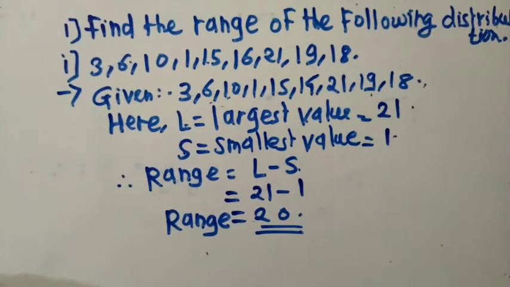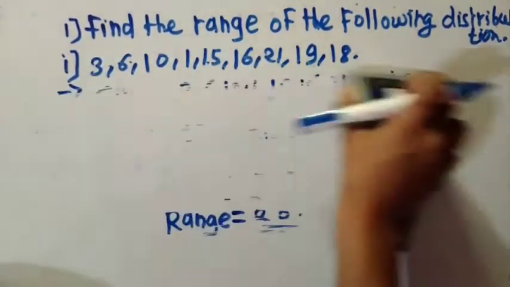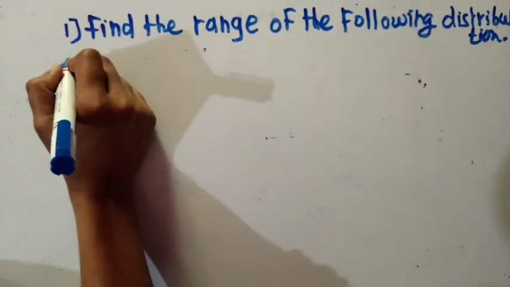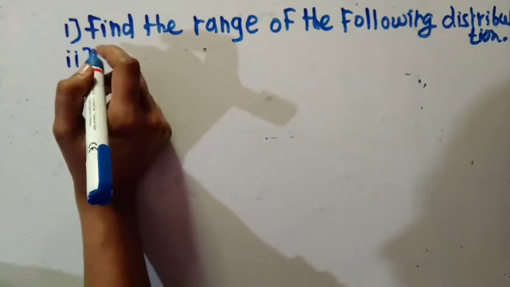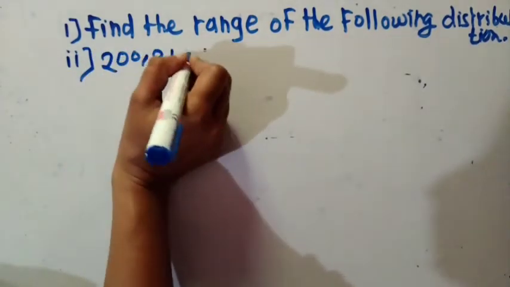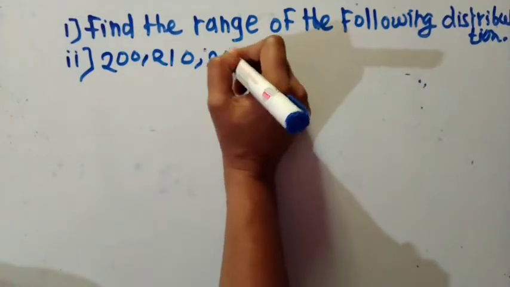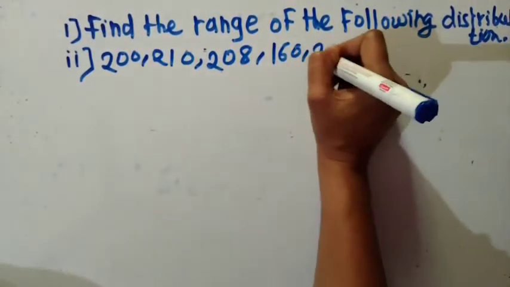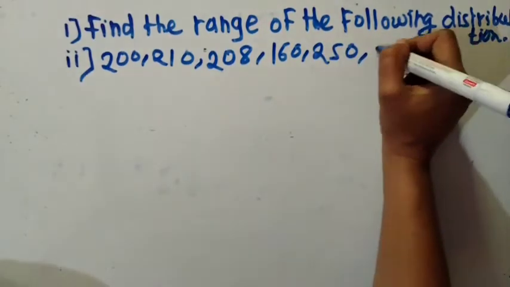Then we give the next example. Example second: 200, 210, 208, 160, 250, 290.